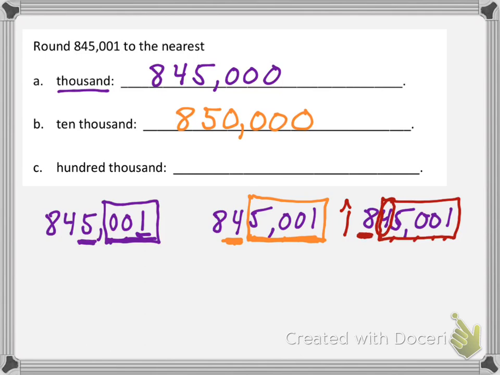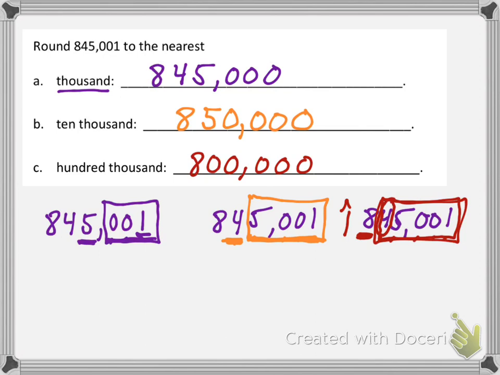This number would stay the same, and this would be rounded to 800,000. Since we're doing the 100,000s place, is it 800,000 or 900,000? And this information right here tells us it's closer to 800,000, not 900,000.